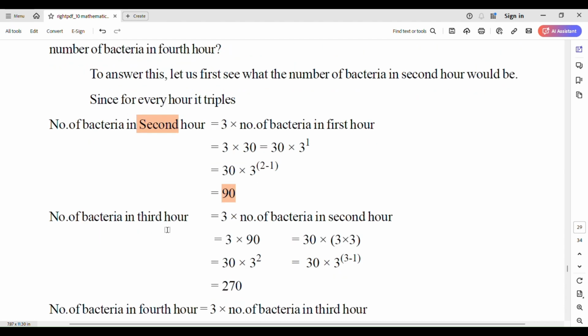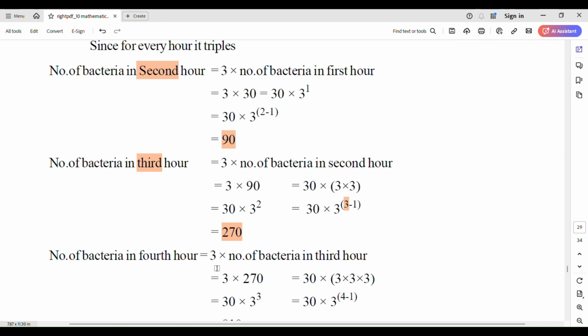Now in the third hour, it is basically 3 times the number of bacteria in the second hour, that is 3 into 90, or you can also rewrite this as 30 into 3 into 3. Relating it to the third hour, you can write it as 30 into 3 power 3 minus 1, which is 270.